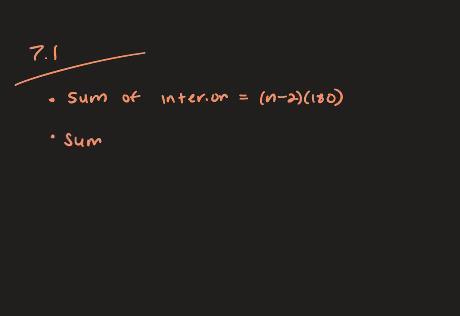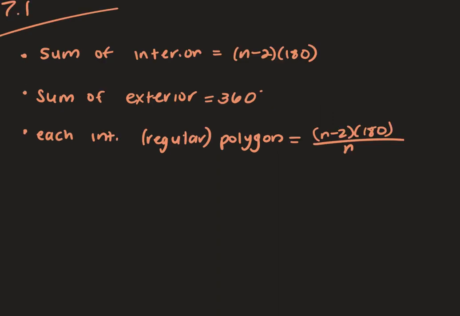Sum of exterior. So each interior, again, has to be regular, which means all congruent sides, all congruent angles. Each exterior, again, regular, is 360 over n.